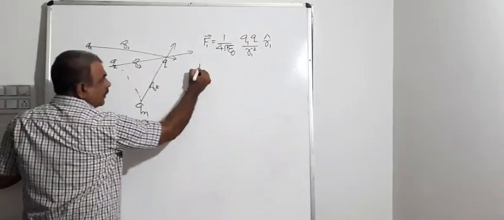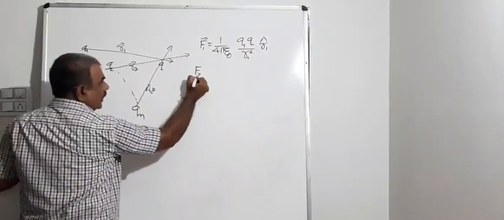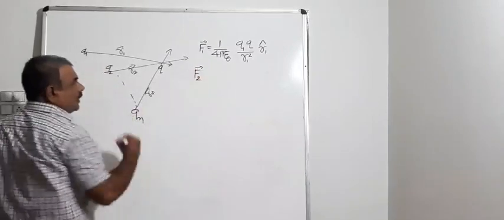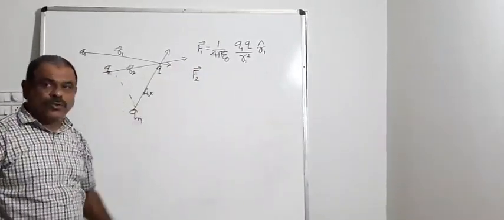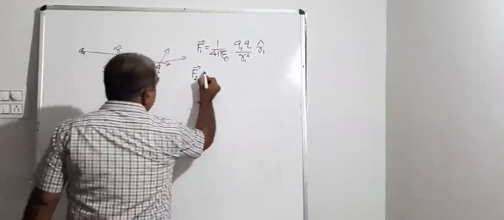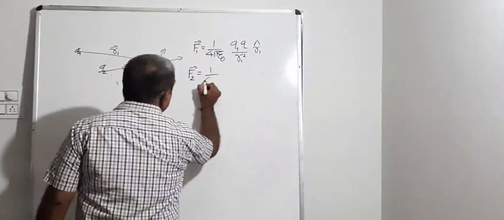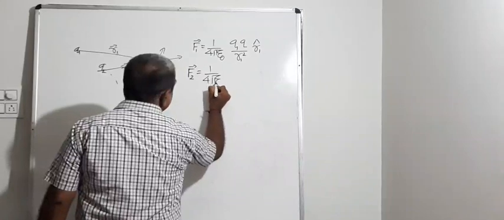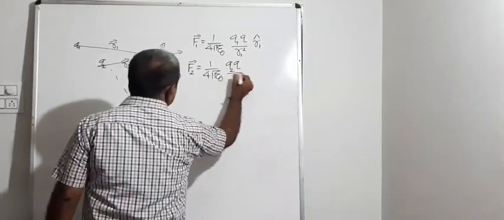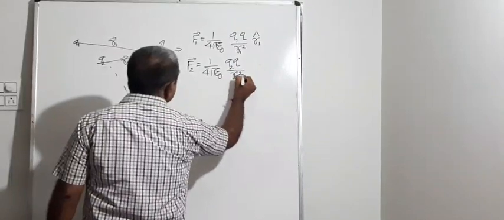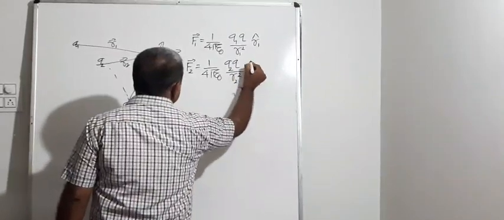Similarly, F2, the force acting on charge q by charge q2, is 1 over 4 pi epsilon 0 q2 q by r2 square into r2 cap.